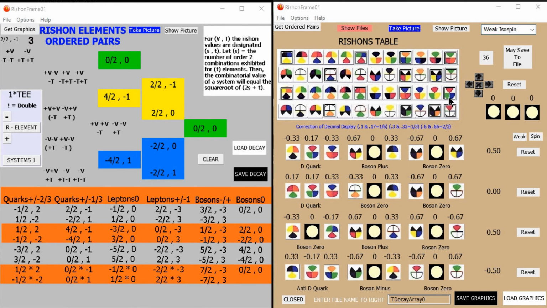So now we will look at the weak isospin, which is associated with spin. And so for a left-handed T quark, the standard model predicts that there will be weak isospin carried by the quark.